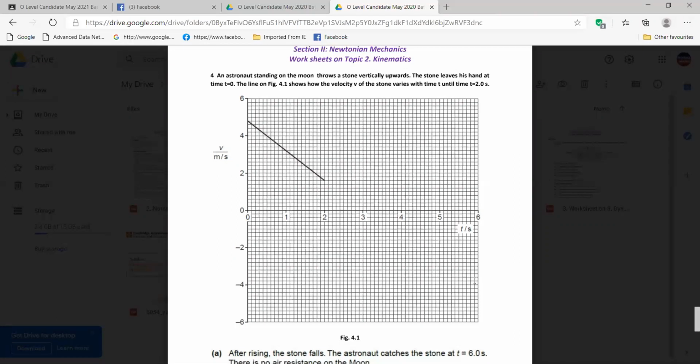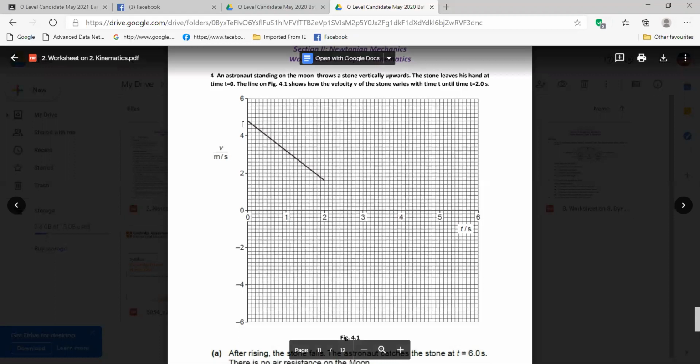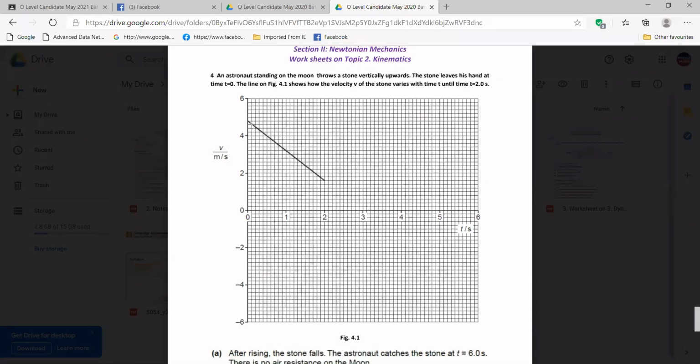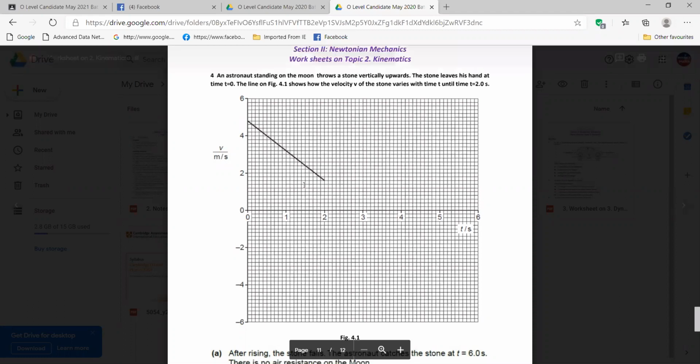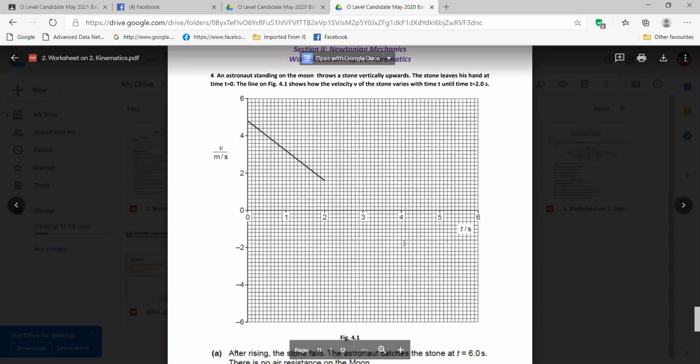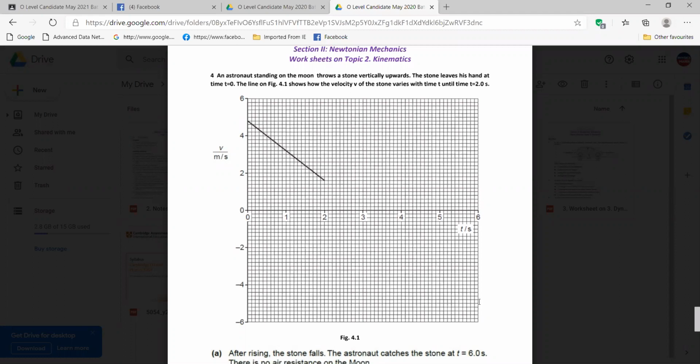The velocity you got here, I guess it is 4.8, right? Yes. So here also in the negative part, the velocity will be 4.8. If you continue this line, it will reach 4.8.